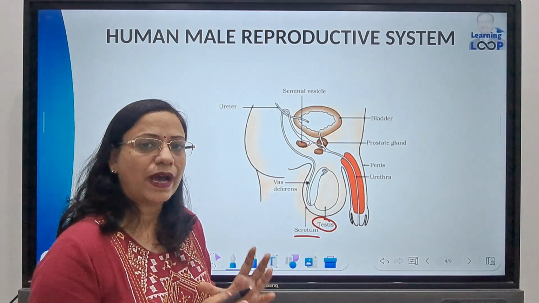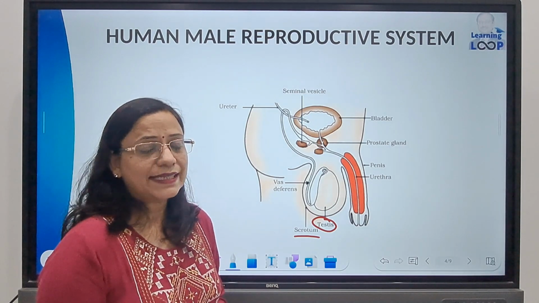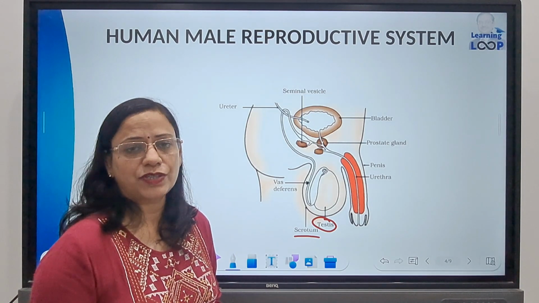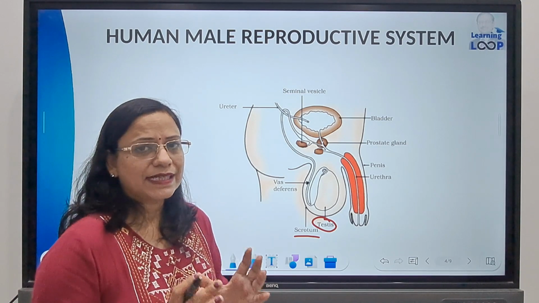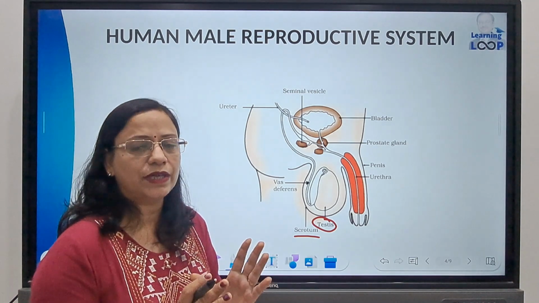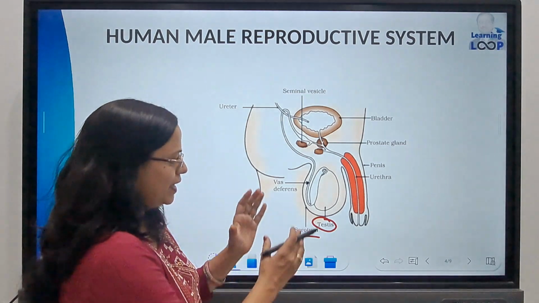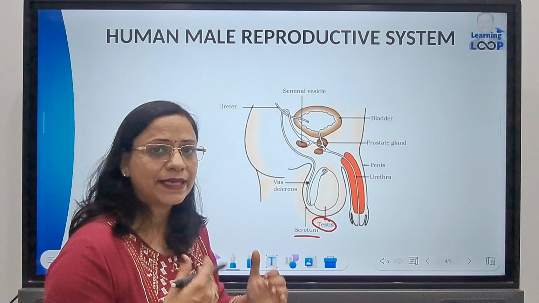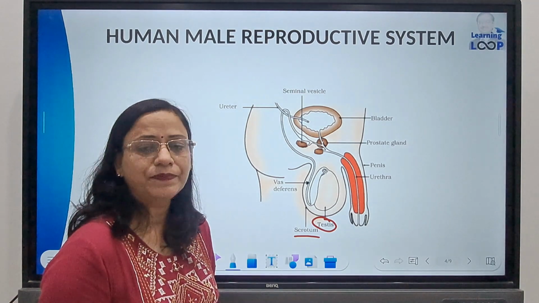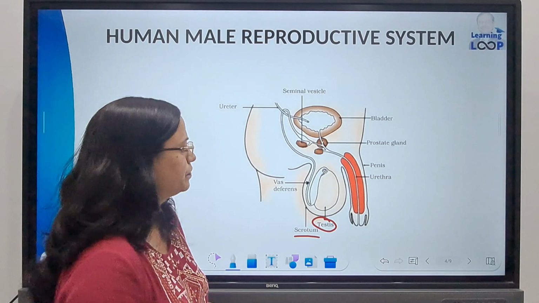Now there is a reason why the testes need to be placed outside the body cavity. The reason is that sperm production needs a temperature slightly lower than the normal body temperature, around 1 to 2 degrees less than a normal body temperature. So when it is placed outside the cavity, it helps in attaining that low temperature, which is optimum for the production of sperms in human beings.